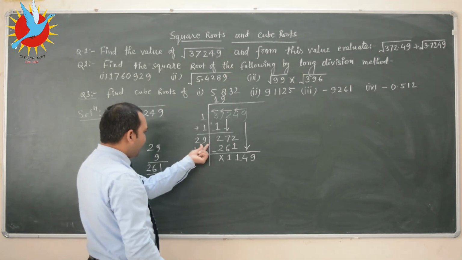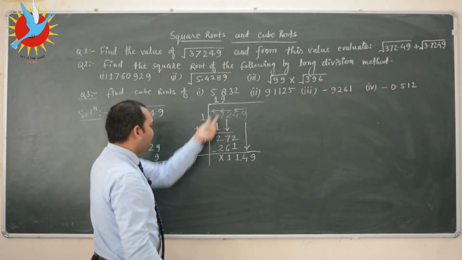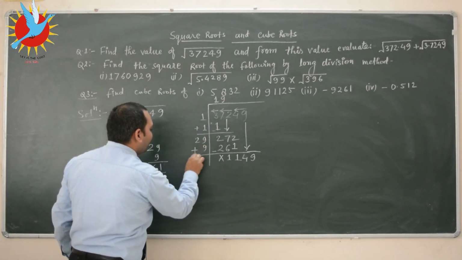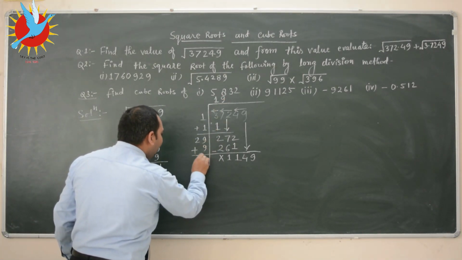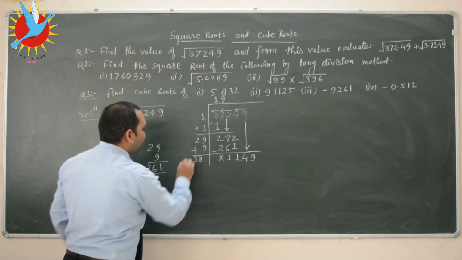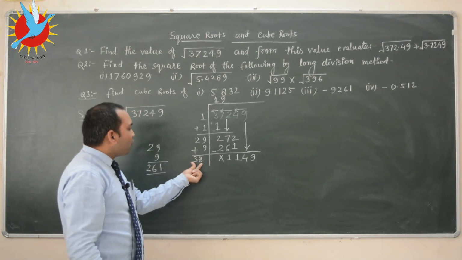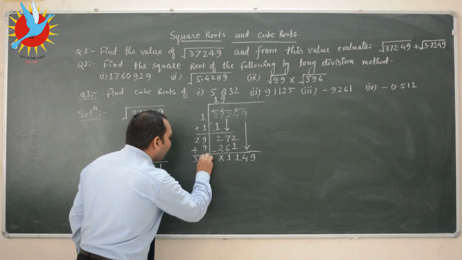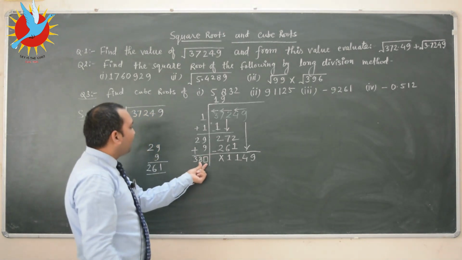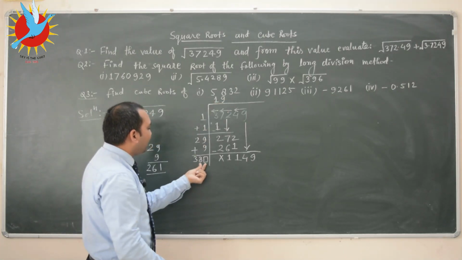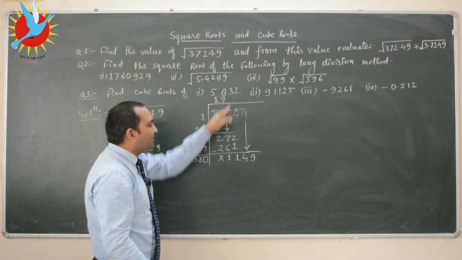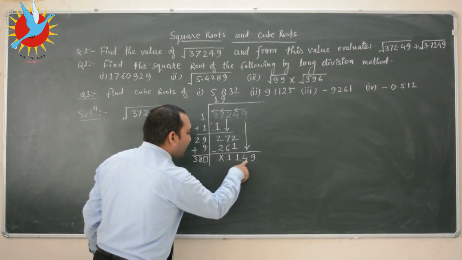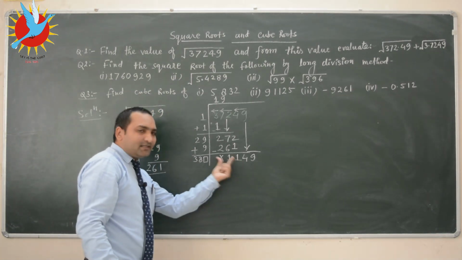Now we add the quotient digit 9 to 29: 9 nines are 18, and 2 and 1 make 3, so 38. We think of a number, which we keep beside 38 and multiply by the same number, so that the result is either 1149 or less than this.